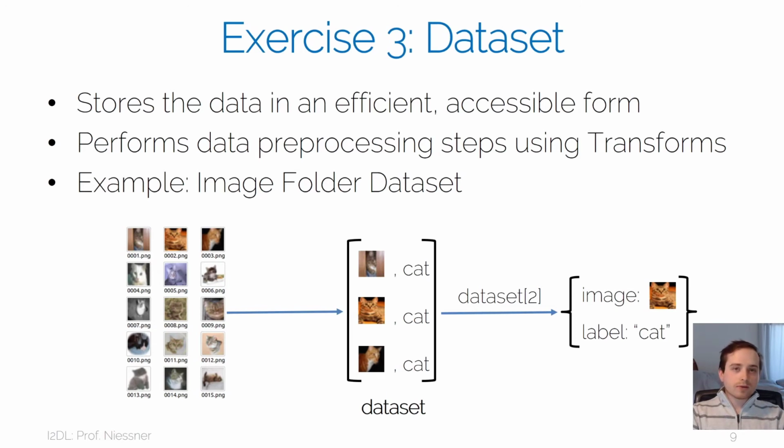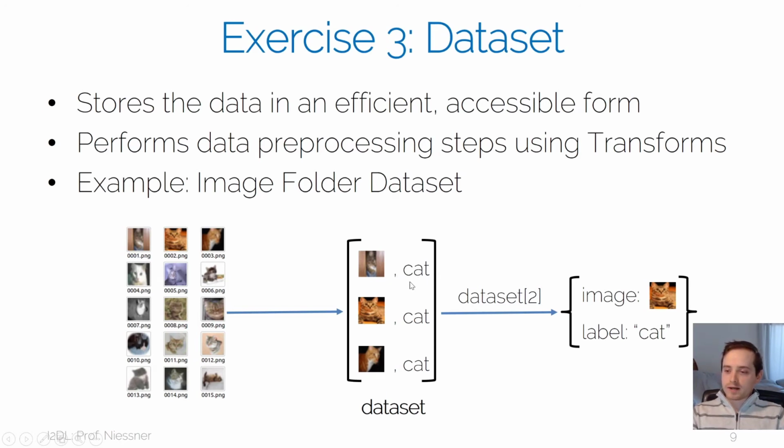For example, we can take images. We call this an image folder dataset. It's basically a folder that has images that we want to train our model on. Here you have a folder with many images of cats. On the very left, it's just a simple folder. But you can also arrange it so that you have each image and a corresponding label.